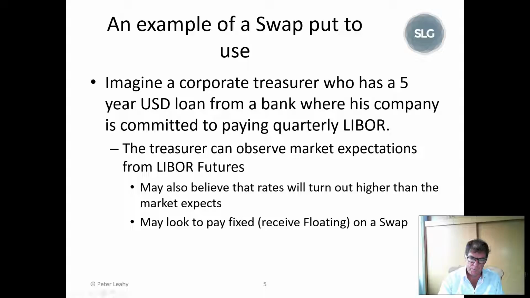So this corporate treasurer is paying quarterly LIBOR on the loan. They have now committed to pay fixed and receive quarterly LIBOR, and you can think of the quarterly LIBOR floating payments received on the swap as being an offset for the payments they need to make on the loan, leaving them paying fixed on the swap.